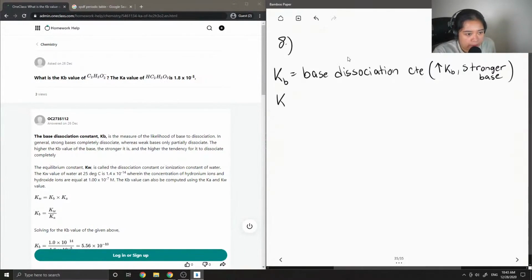Similarly, we can have the Ka value, which is the acid dissociation constant. So when we have a larger Ka value, this tells us that we have a stronger acid.